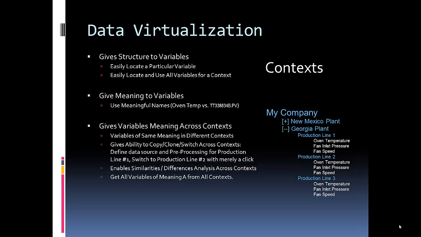So let's say that you create a data access, data handling, modeling and prediction type of solution for production line 1, which uses oven temperature, fan inlet pressure, and fan speed. You can click on production line 2, right click and say change context, and all those variables get remapped to the appropriate ones for production line 2, and then literally just push a button to rebuild a model for production line 2.